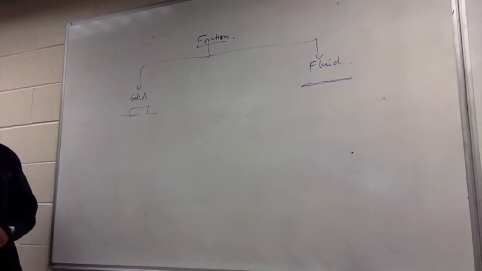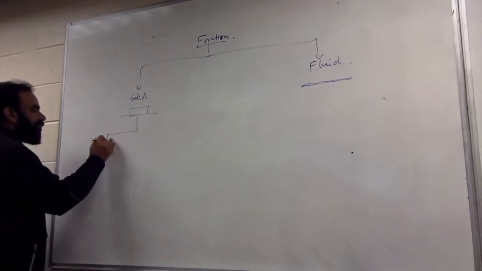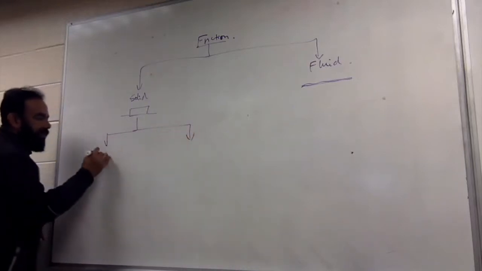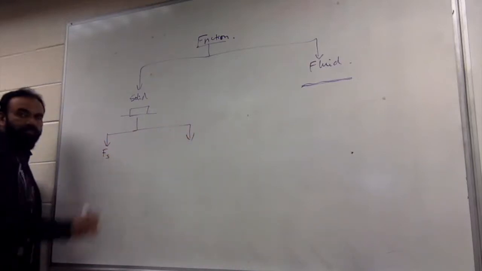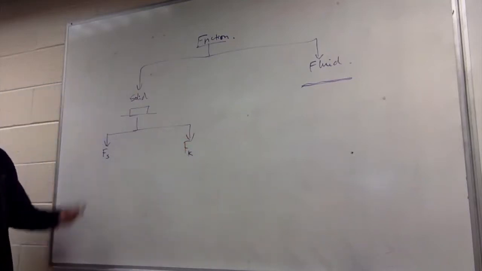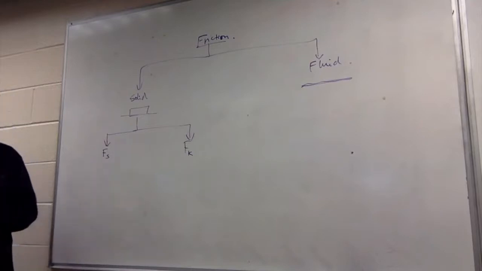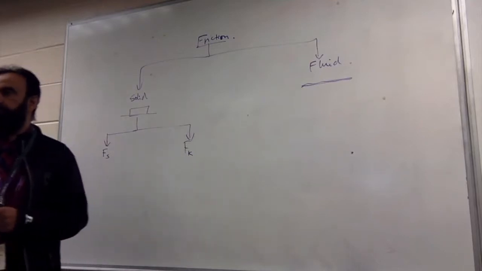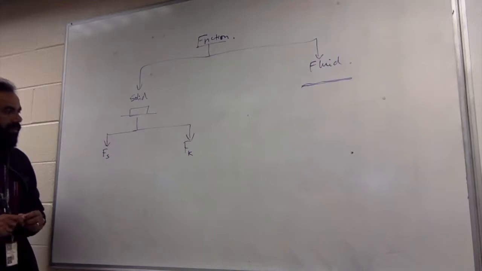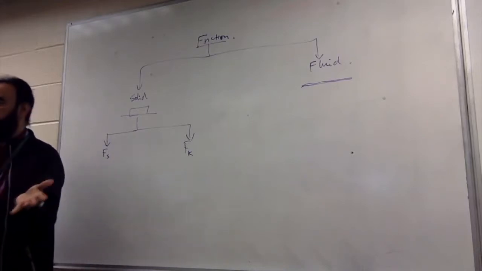Coming to solid friction again. Solid friction is two types. We learned it. We have static friction and we have kinetic friction. Static friction is a friction between surfaces when they are not moving. So static friction can take different numbers.